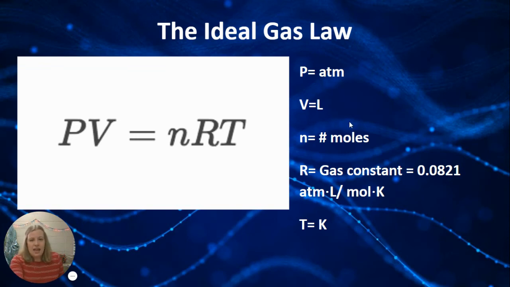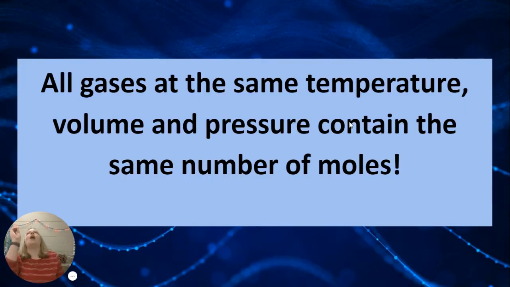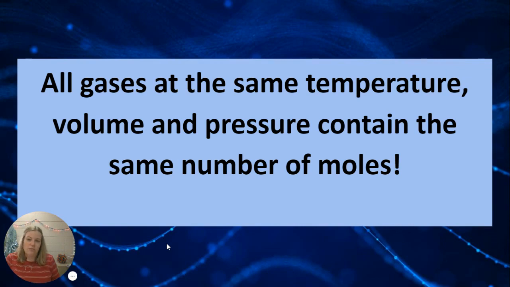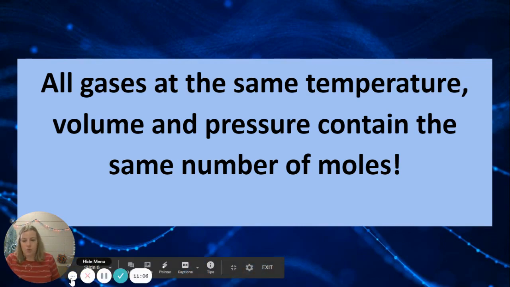They ask that conceptual question a lot, in a bunch of different ways, to see if you know what you're talking about. So just remember, if they're at the same temperature, the same pressure, and the same volume, they have the same number of moles.